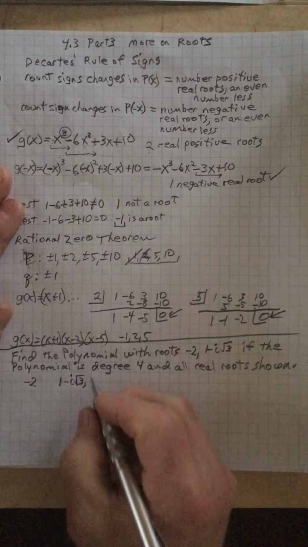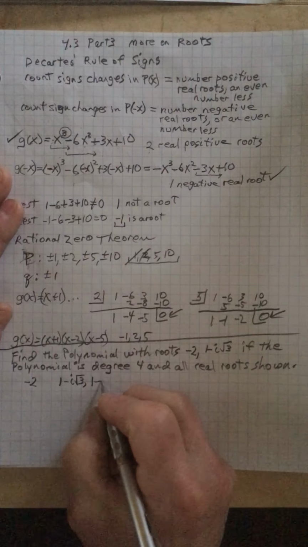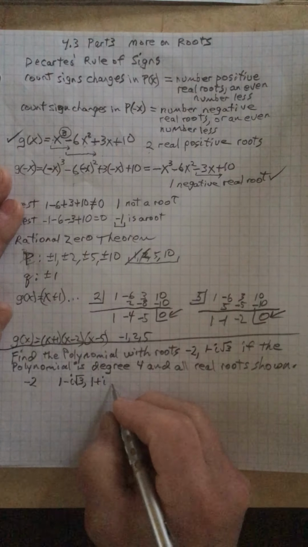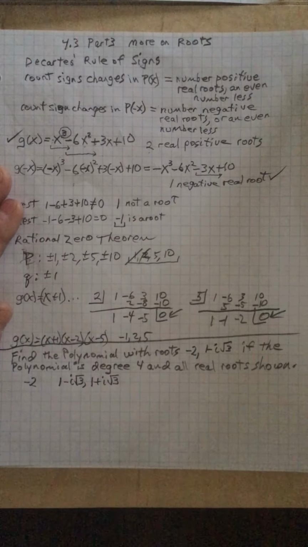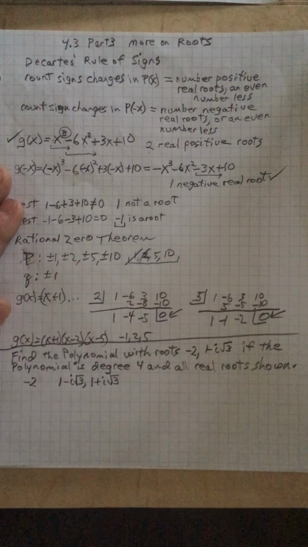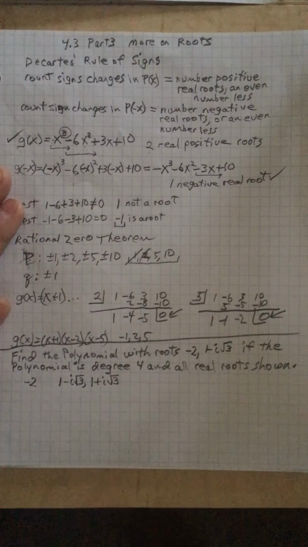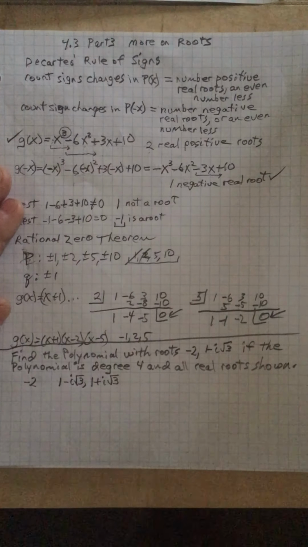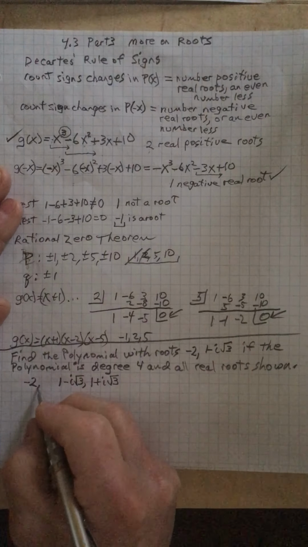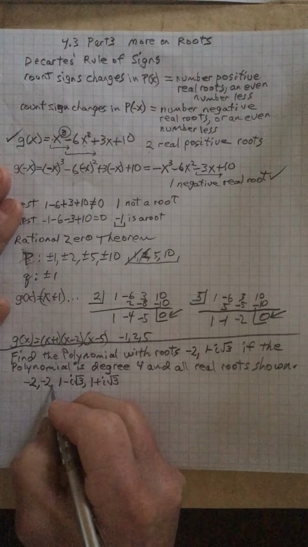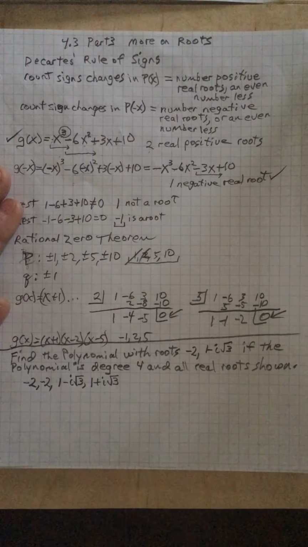They come in pairs, so this is also a root. Okay, now I'm up to 3 roots. I still need 4 roots, but if all the real roots are shown, what does that mean? It means this root is a multiplicity of 2, so it appears twice. So there's my 4 roots.